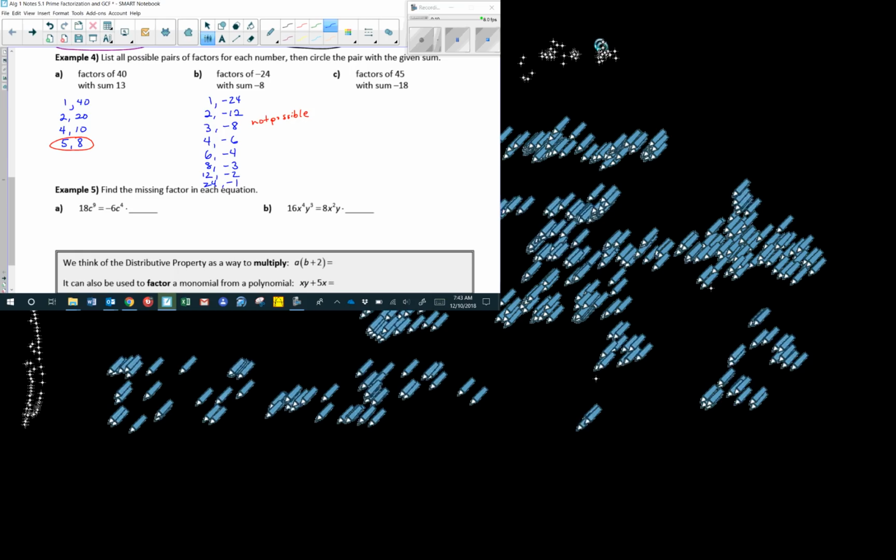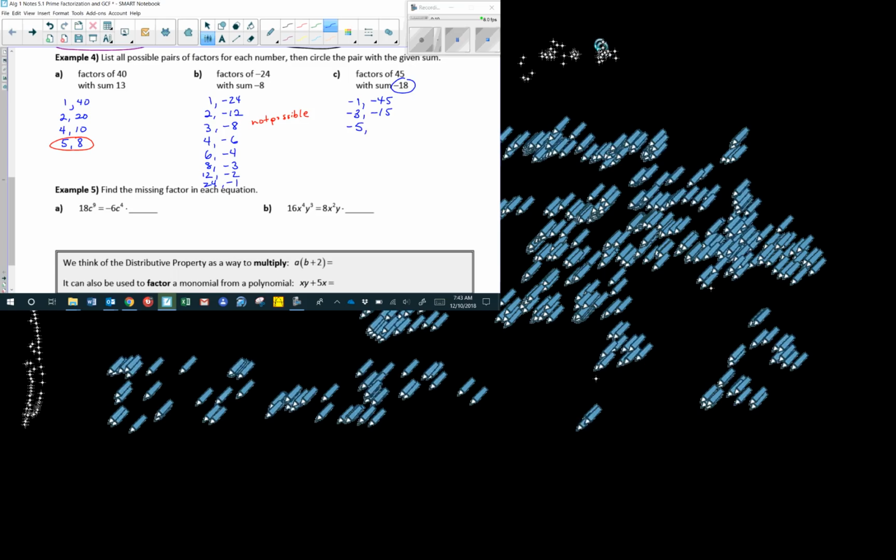Next one, factors of 45 with a sum of negative 18. Now we can narrow this down just a little bit. If I know that their sum is negative 18, that means that both of the factors have to be negative. So negative 1 and negative 45. 2 doesn't divide evenly. Negative 3 and negative 15. 4 doesn't divide evenly.